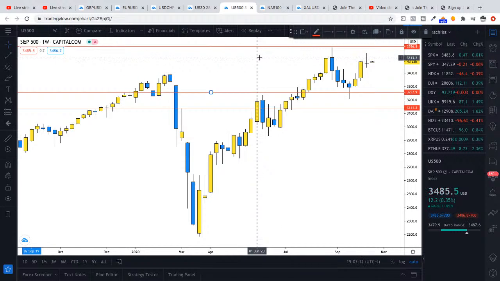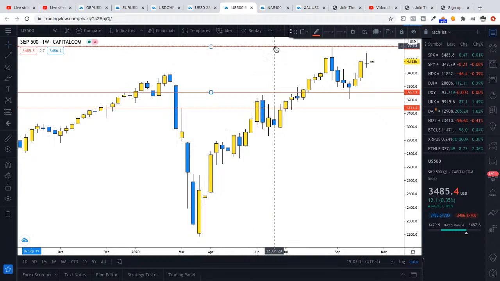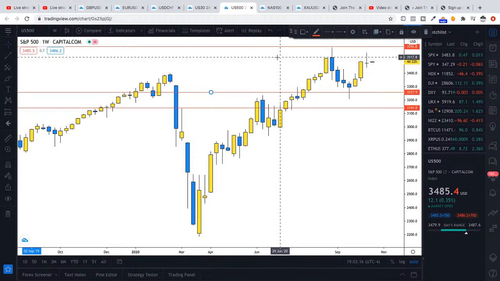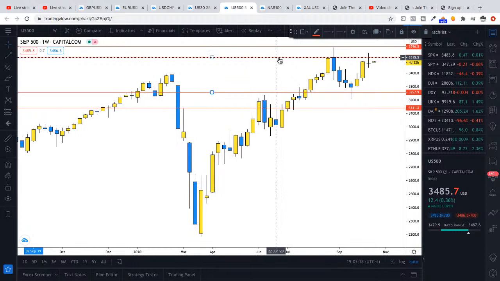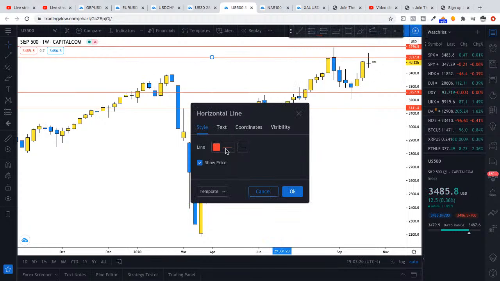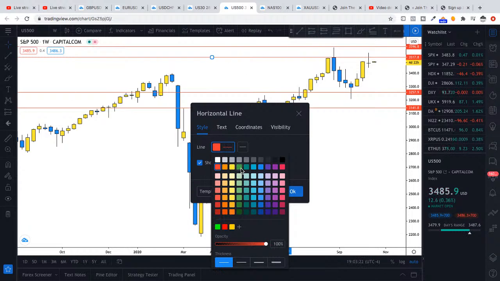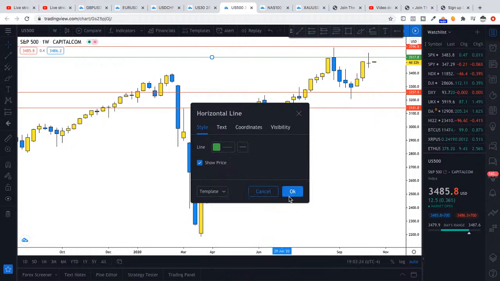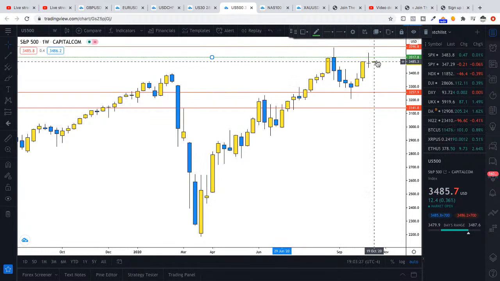I've got the all-time high here, but I also want to take note of these highs because you can see they're very equal in nature, which tells me price is really respecting that area. So if price moves back into that area, which it probably will in the morning, I want to see if it's able to... No, it's not going to do that in the morning. I'm sorry, but it may do that this week.